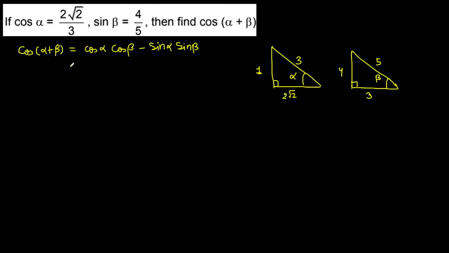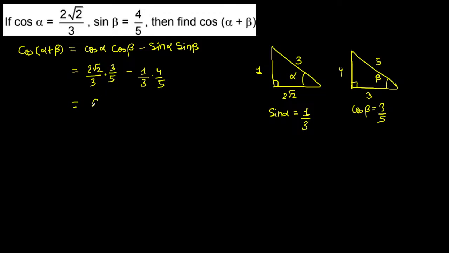Okay, so if we would like to see, cos alpha is 2 root 2 by 3, and cos beta is 3 by 5, minus sin alpha, sin alpha is 1 by 3, and sin beta is 4 by 5.